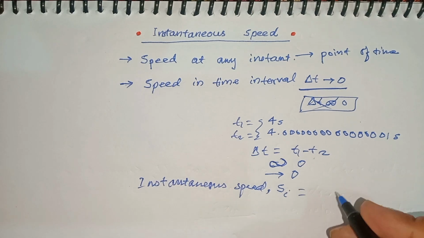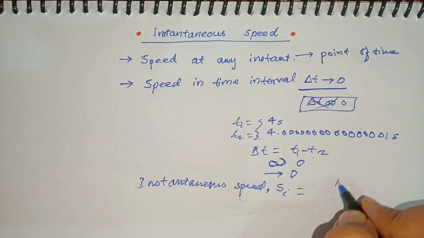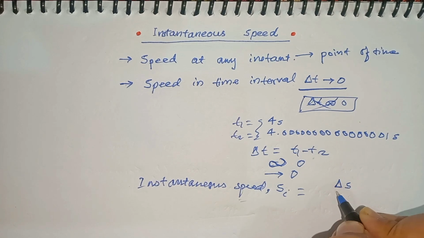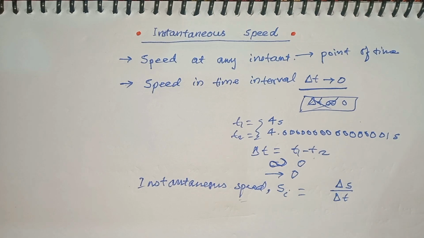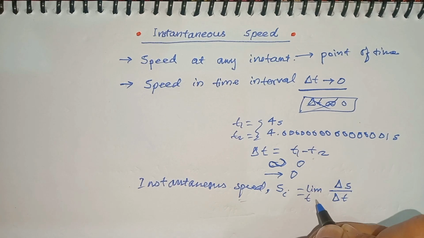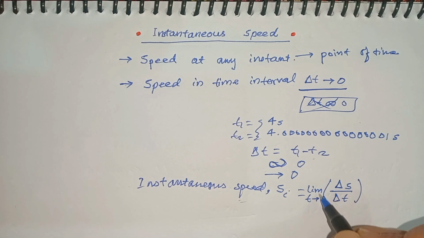It equals the change in distance, let's write S for distance, delta S by delta T. We have already studied that speed is delta S by delta T, and now one more condition applies: time is tending towards 0. This is the limitation. In this condition, delta S by delta T, with time tending towards 0, it is the instantaneous speed.